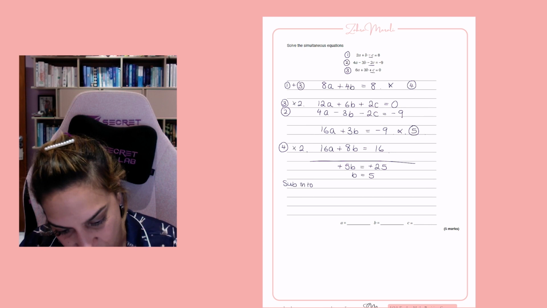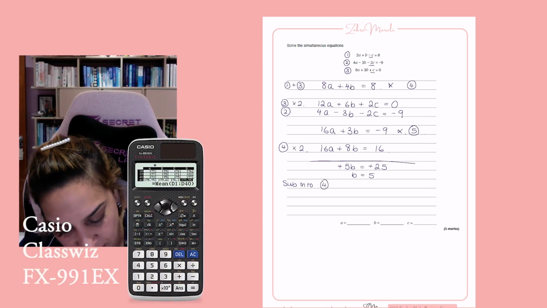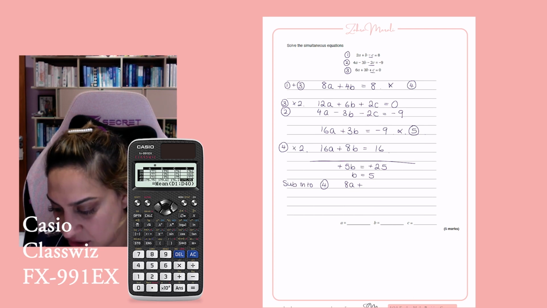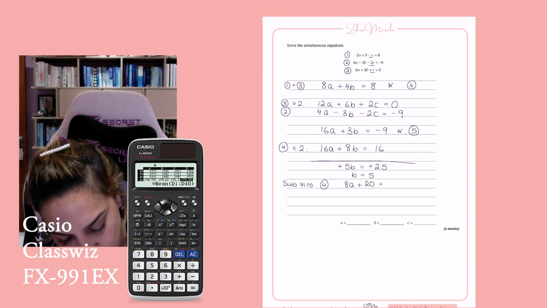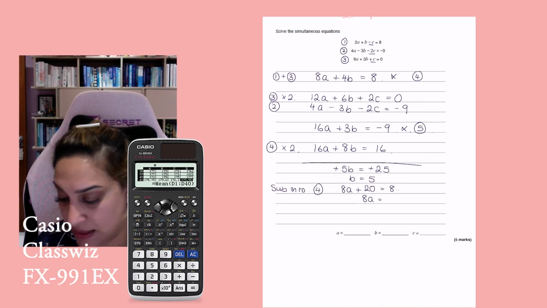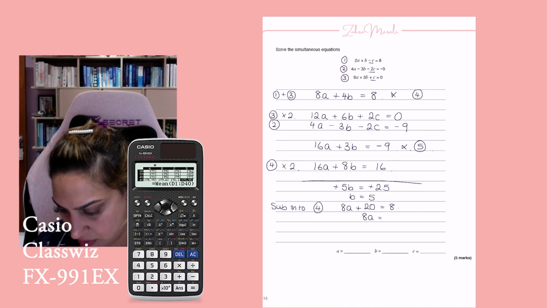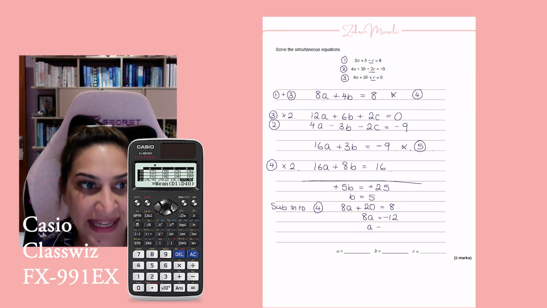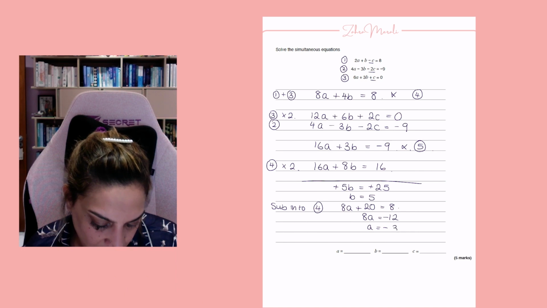Let's sub that into number 4. So I'm going to get 8a plus 4 times 5 to give me 20 equals 8. So 8a equals 8 minus 20. Oops. So 8 minus 20 to give us minus 12. So a is going to be minus 1.5, so minus 3 over 2.